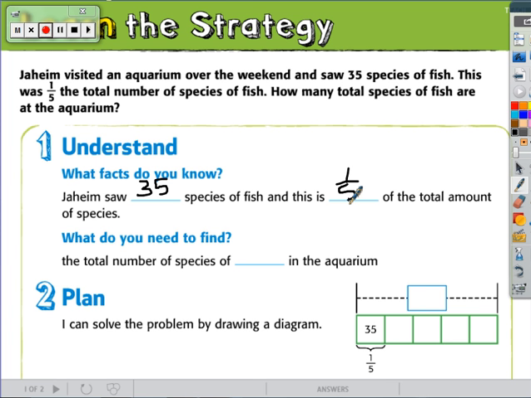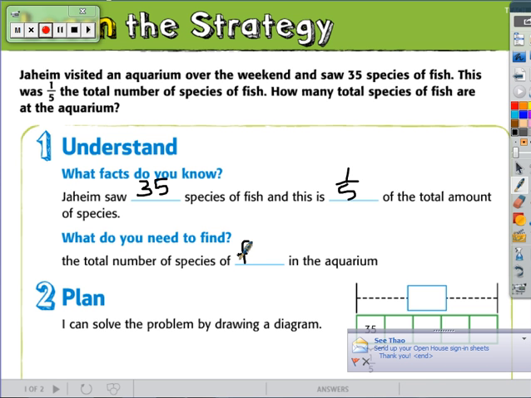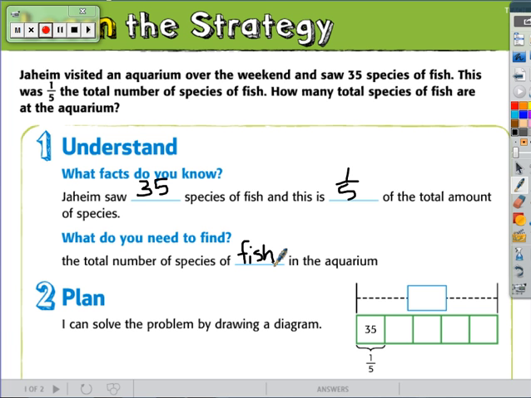Now, what do we need to find? Well, that's usually the last sentence of our word problem, and it says how many total species of fish are at the aquarium. So we need to know the total number of species of fish in the aquarium. Okay?